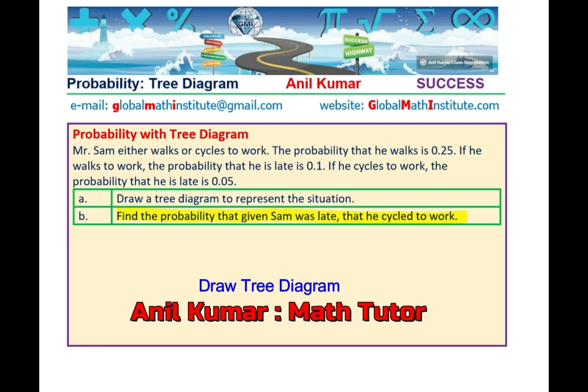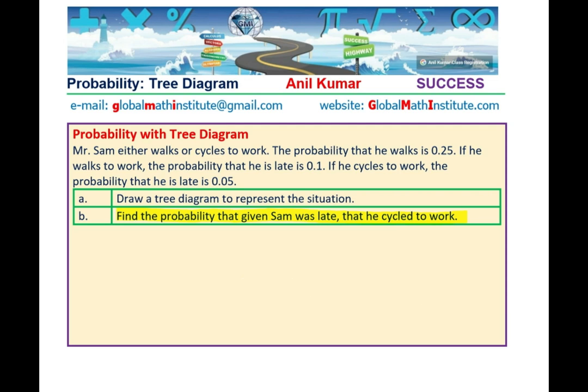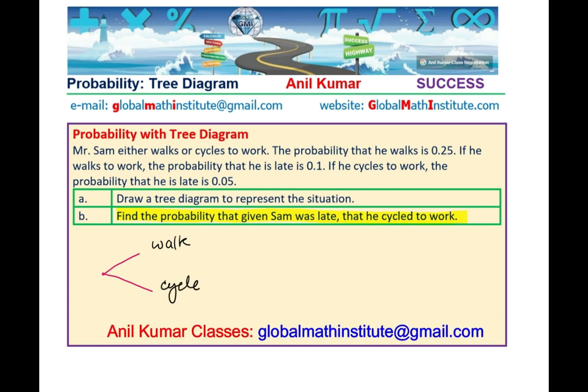So he can go to work either walking or by cycle. So there are two branches. One walk, other cycle. Probability that he walks is 0.25. Therefore, cycling will be 1 minus 0.25, or 0.75. Correct?